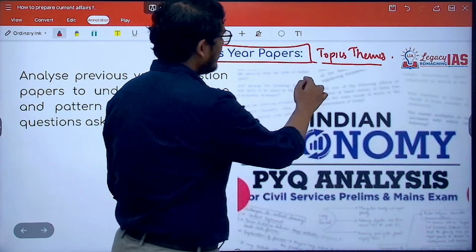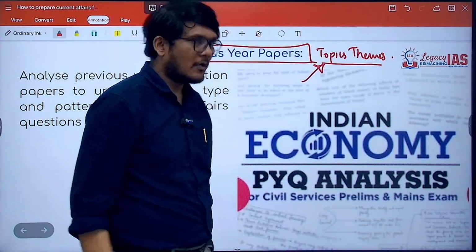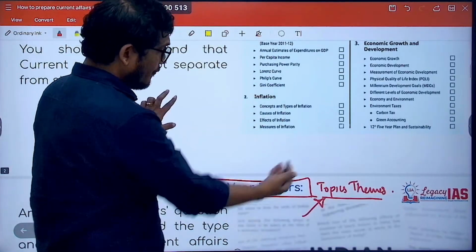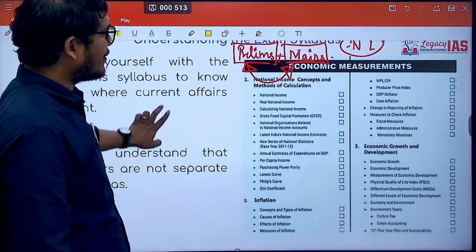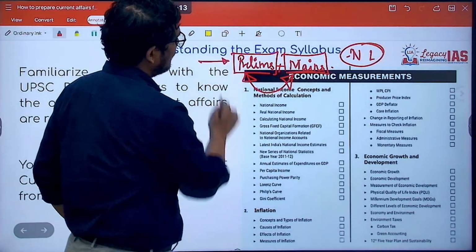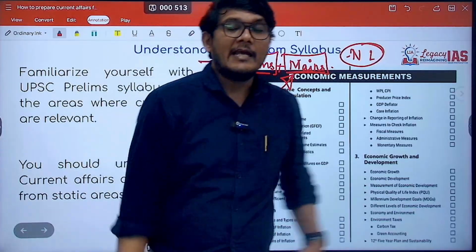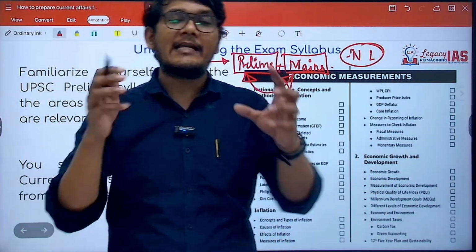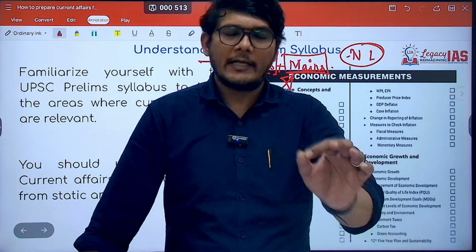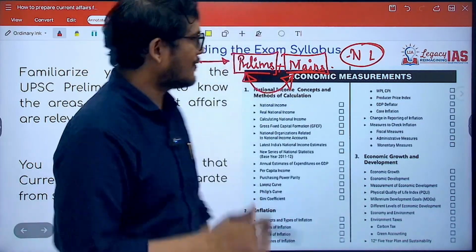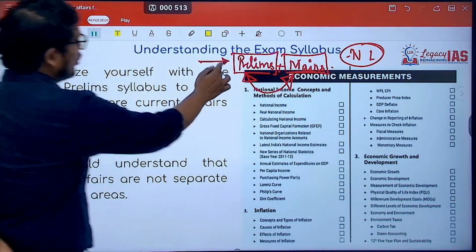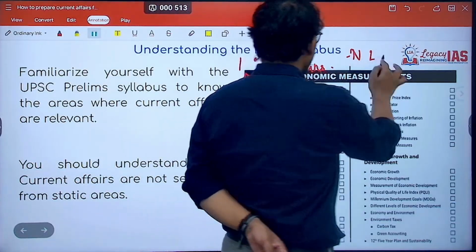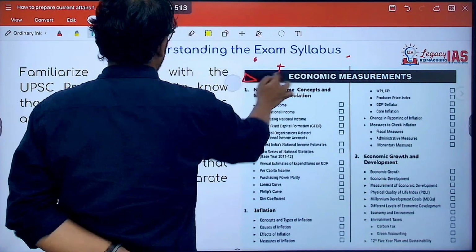When you take the topics and the themes on which the questions have been asked, and along with it you add the syllabus of the prelims and the mains, that's what gives you a comprehensive syllabus of economy for the UPSC Civil Services examination. So doing this exercise will get you the entire syllabus for Indian economy.